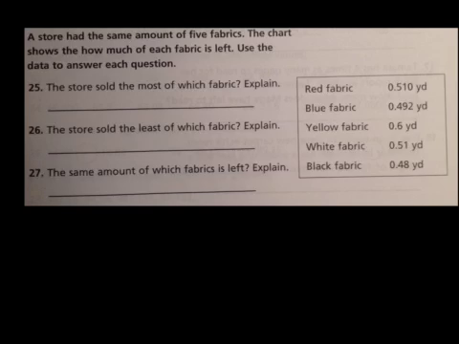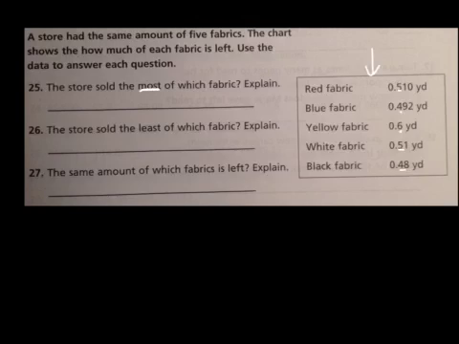Our word problem says a store had the same amount of 5 fabrics. The chart right here shows how much of each fabric is left. We're going to use this information to answer the questions. 25 says the store sold the most of which fabric? So if I look at all of my tenths places, I have a 4, a 5, a 6, a 4, and a 5.